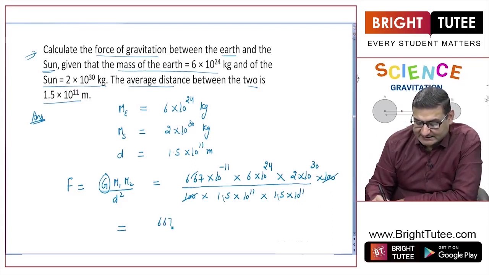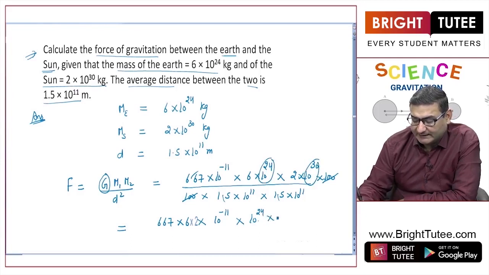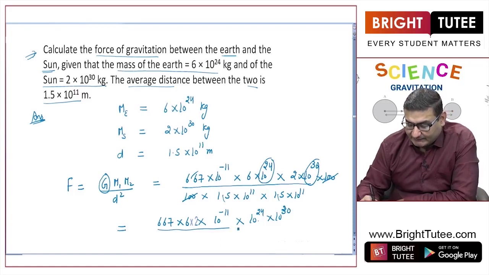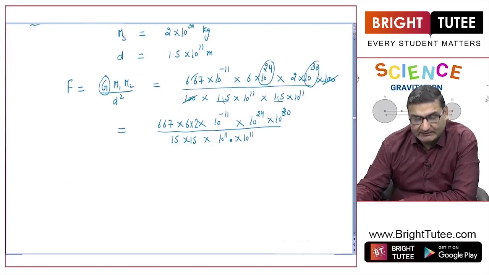It becomes 667 multiply by 6 into 2, and the powers of 10 taken at one place: 10 to the power minus 11, multiply by 10 to the power 24 and 10 to the power 30, divided by the numeric values 15 multiply by 15, and 10 to the power 11 and 10 to the power 11 at another place.